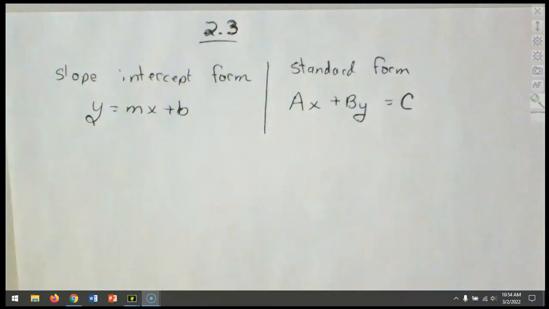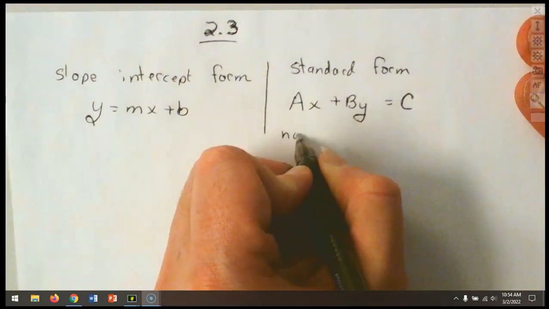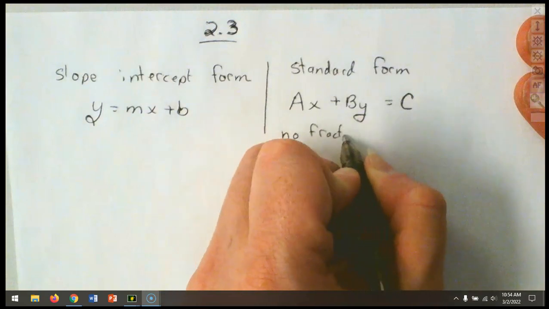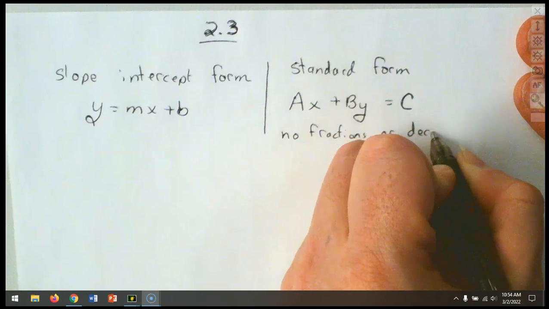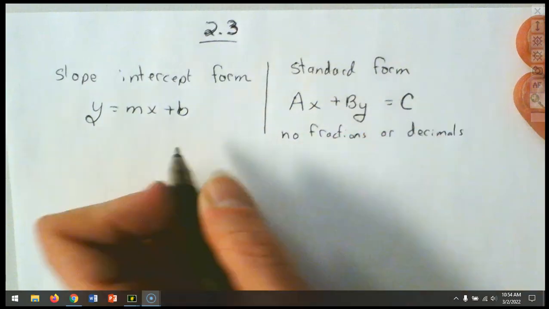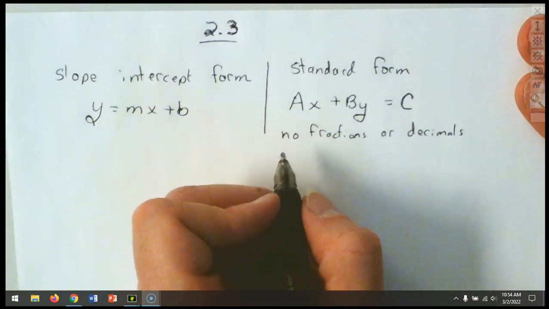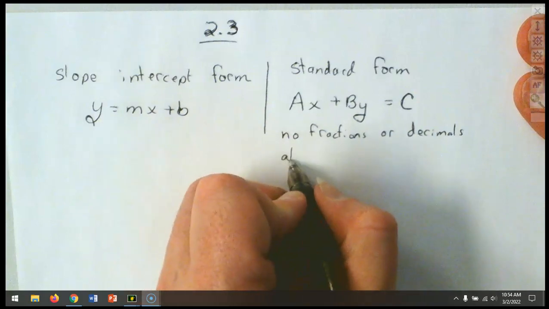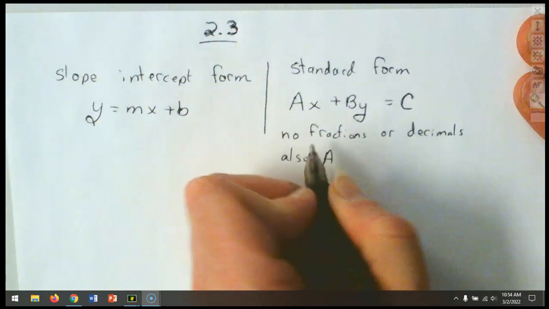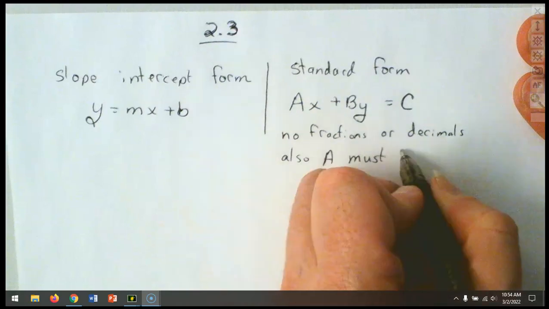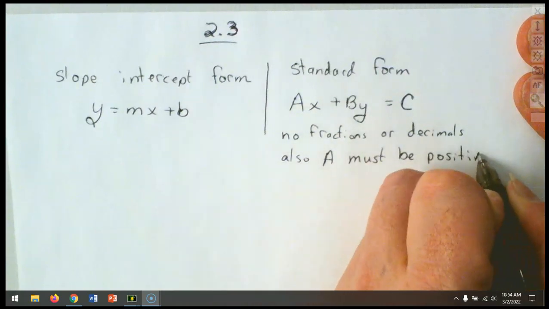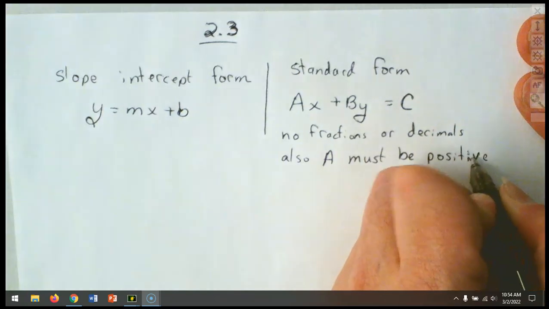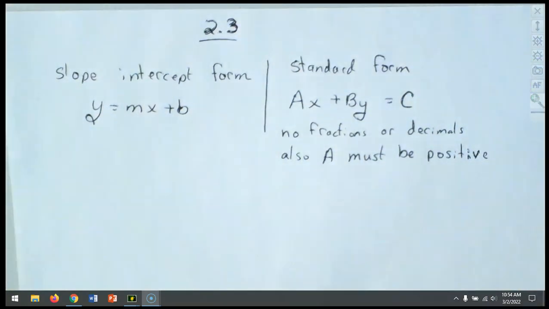So no fractions or decimals. And also, a must be positive. So a, the number in front of the x, has to be positive.